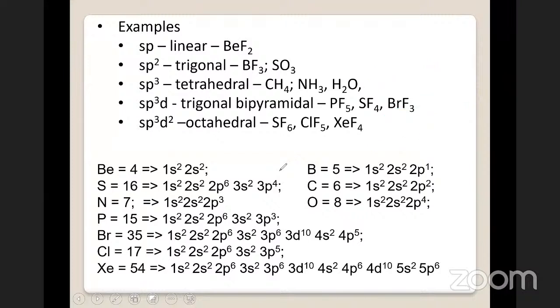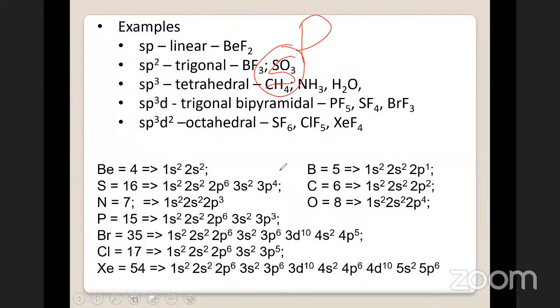Then the next one is sp3d. Now, phosphorus is in group 5, meaning that the valence shell, that's not the atomic number, meaning that the valence electrons are 5.